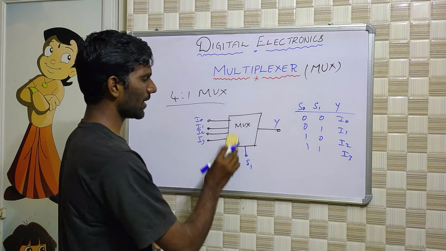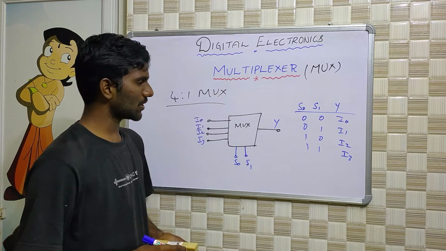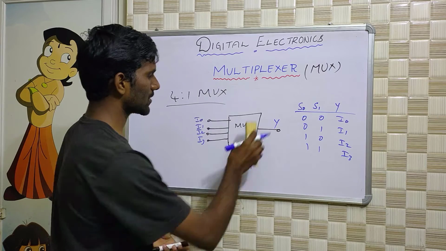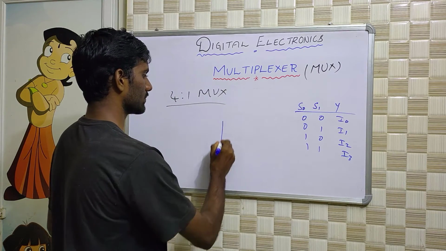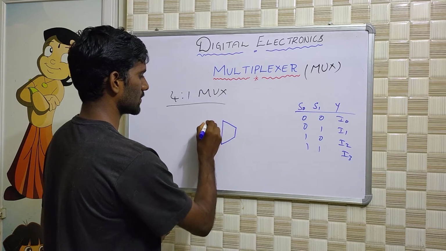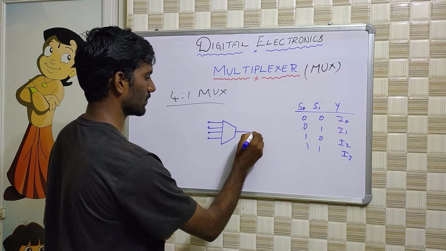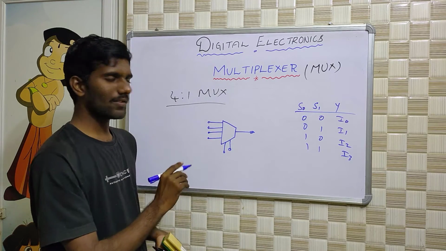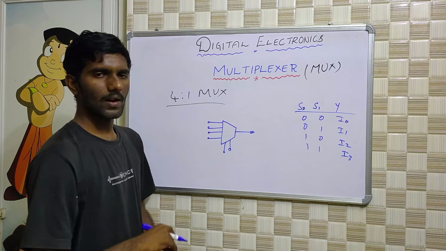Generally for the block diagram, here we are representing a rectangular or square shape. In any standard books, the shape of the MUX looks like this.